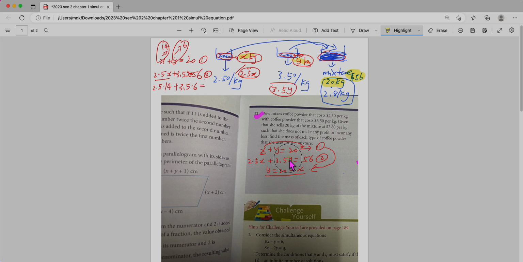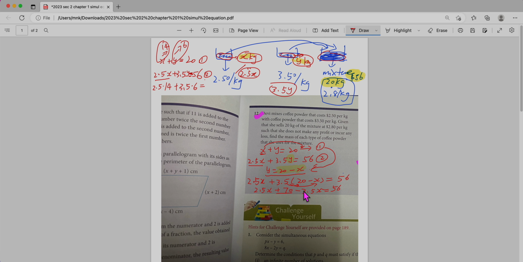What I'm getting is 2.5x plus 3.5 times the bracket, because now the y is not y anymore, but 20 minus x. Then you just open the bracket. First arrow, second arrow, so 2.5x plus 70, then minus 3.5x, equals 56.